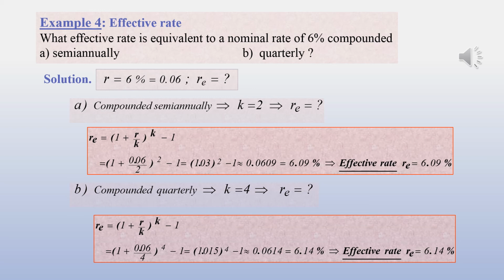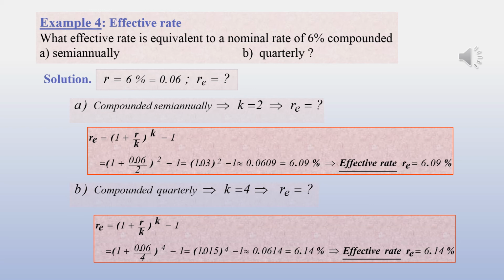Number A. Compounded semi-annually, k equal to 2. We use the formula of effective rate that we have previously. RE is equal to (1 plus R over k) to the degree of k, minus 1. We substitute the value of R equal to 0.06 and the value of k equal to 2.